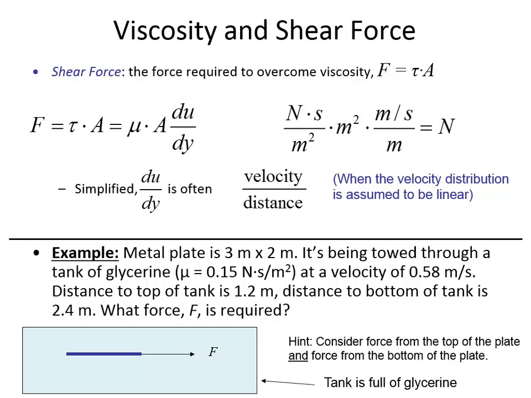And the force on the bottom of the plate, again, is going to be the same formula, the viscosity times the area times the rate of strain. And so the viscosity is still 0.15 Newton seconds per meter squared. The cross-sectional area is still 6 square meters. And the rate of strain is going to have 0.58 as the velocity, but a larger distance, 2.4 meters, and that will bring the force down to 0.2175 newtons.